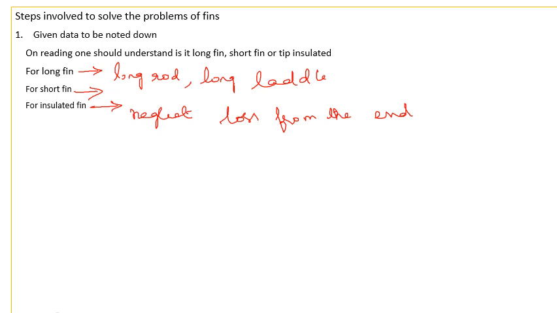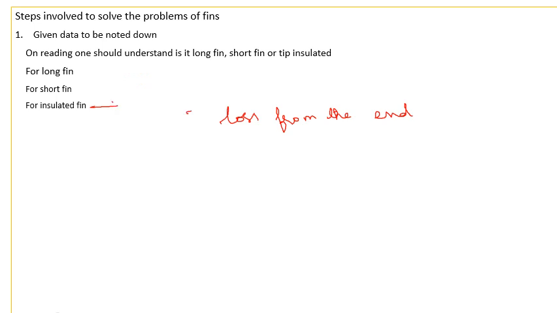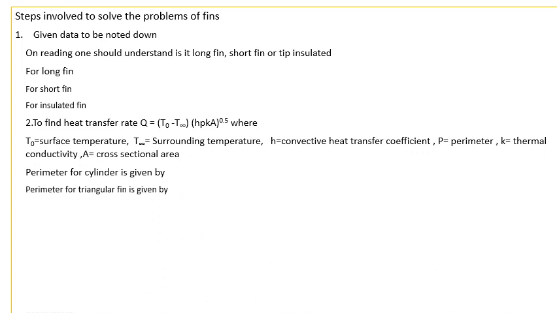Suppose in any numerical I am totally confused and I cannot decide whether it is a long fin, a short fin or an insulated fin, for the board exam, of course, you can go with one assumption initially, and you can proceed.